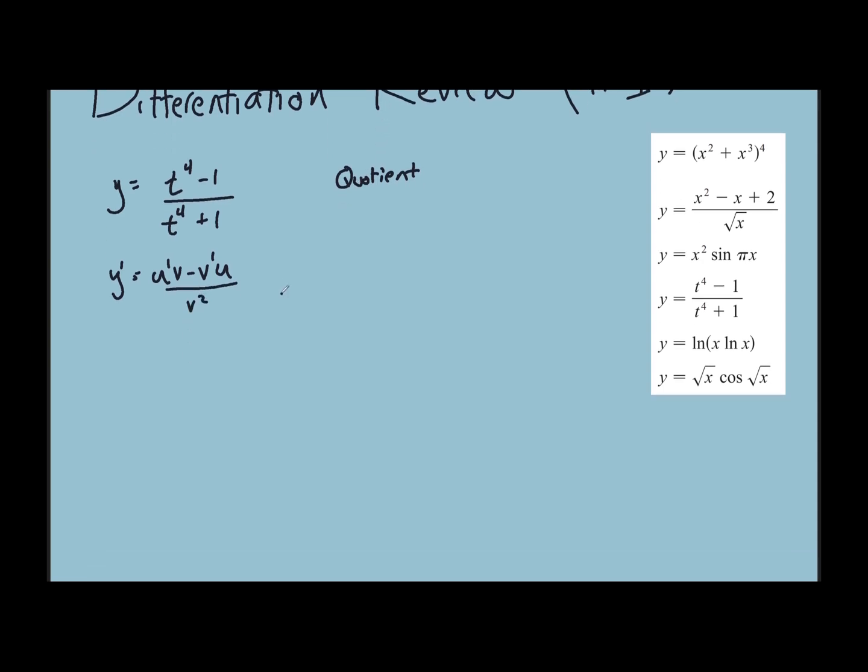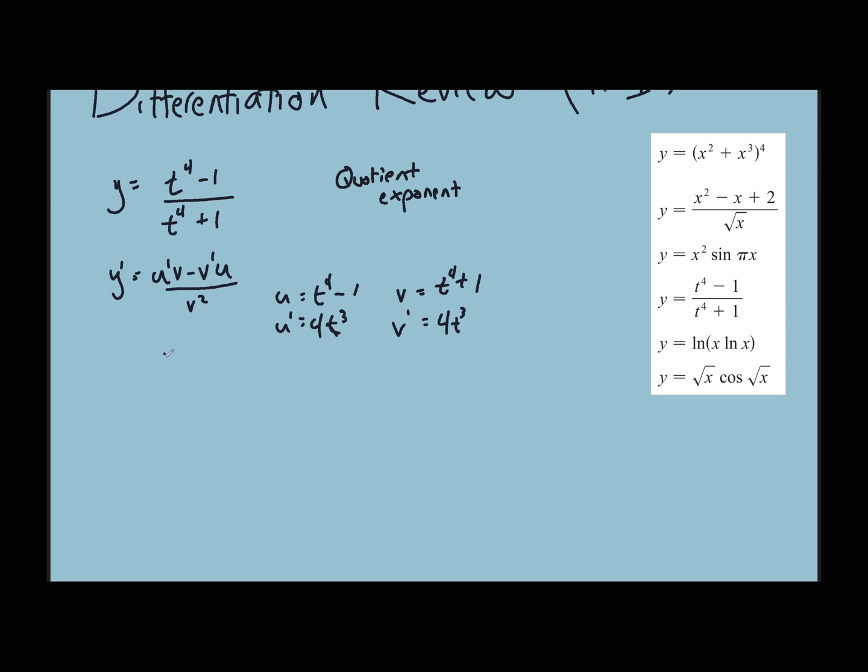So what's our u? t to the fourth minus 1. u prime is 4t to the third. That's an exponent rule. v is t to the fourth plus 1. It's pretty simple. v prime is going to be 4t cubed.